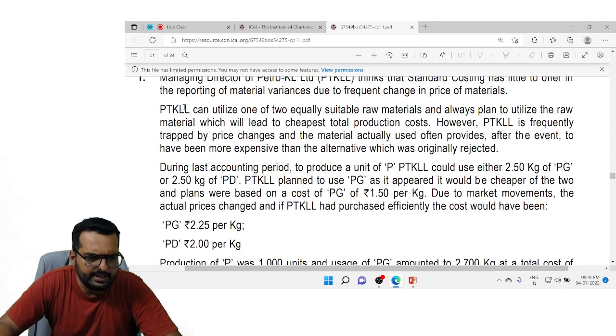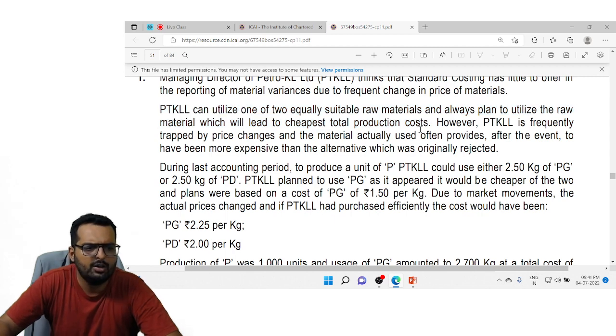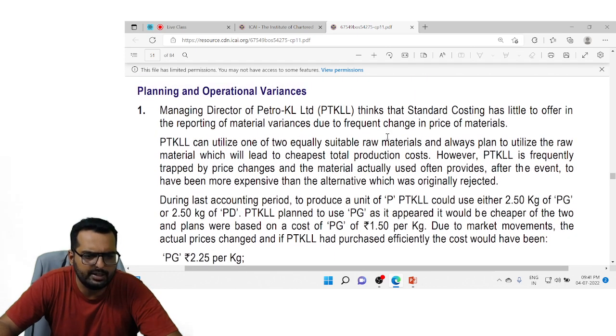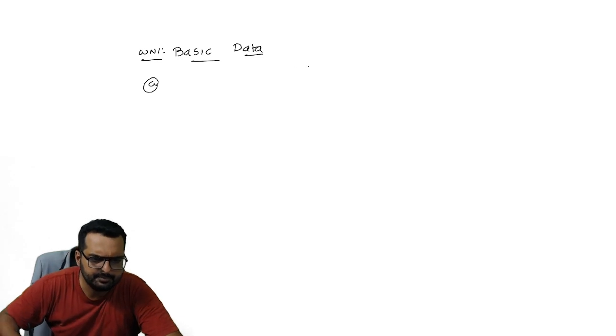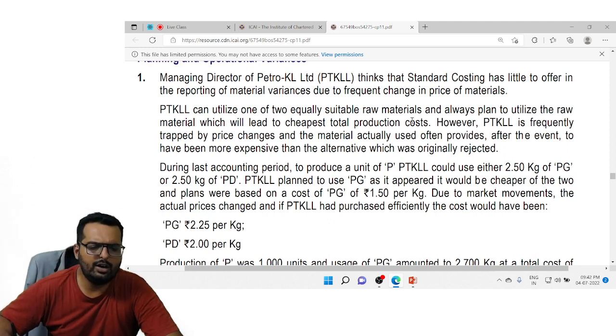PTKLL can utilize one of the two equally suitable raw materials and always plans to utilize the raw material which will lead to the cheapest total production cost. So they basically have two raw materials. They want to have the cheapest cost.